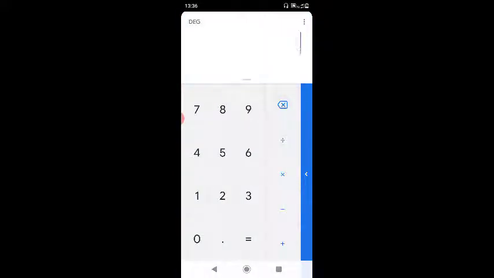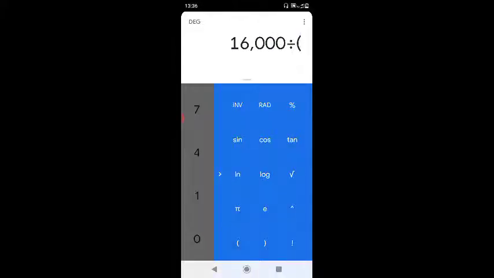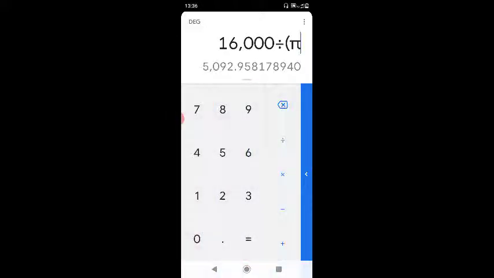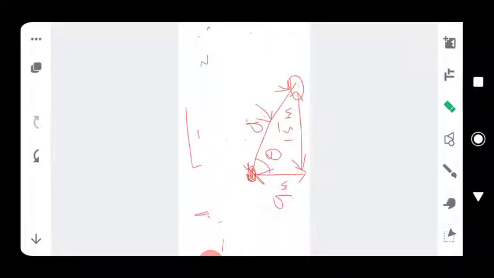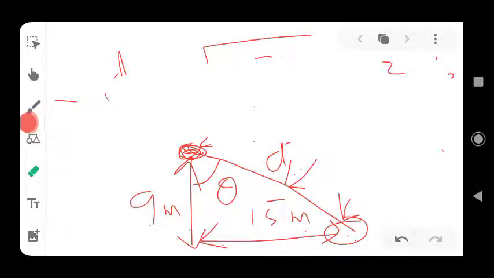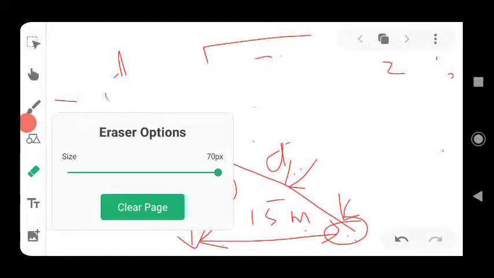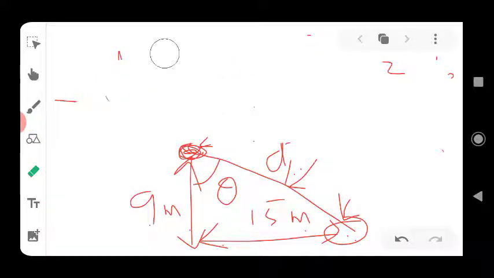And we are having 16,000 by 4 pi, so I is 1273.23. So this is how I got I is equal to 1273.23.